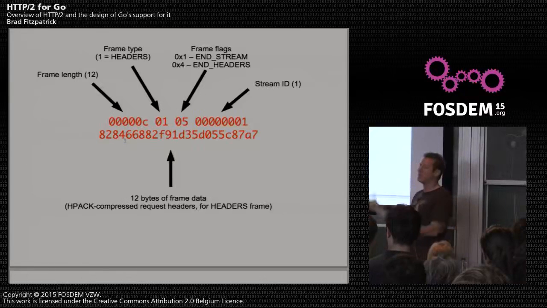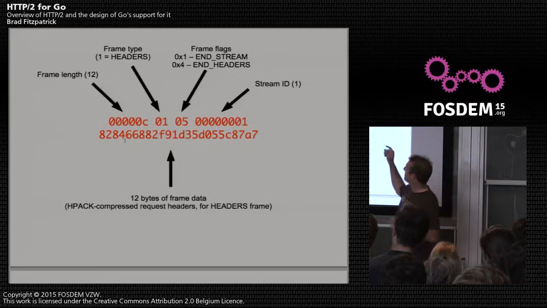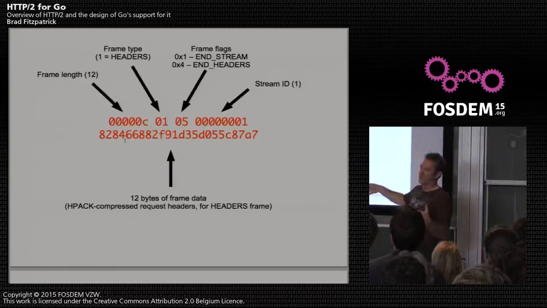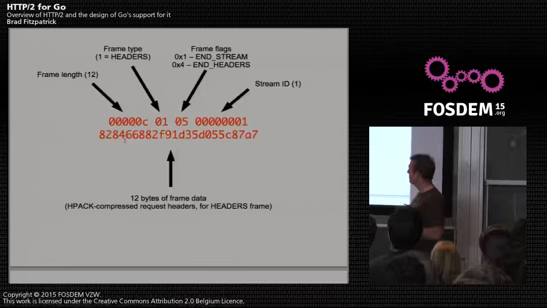For instance, this is a GET request. There's no post body attached to this. And end headers means this is the full extent of my headers, and I don't have a follow-up frame coming later. In theory you could have a gigabyte of HTTP request headers, and then they would have to be cut into multiple frames. In this case, it all fits in here.